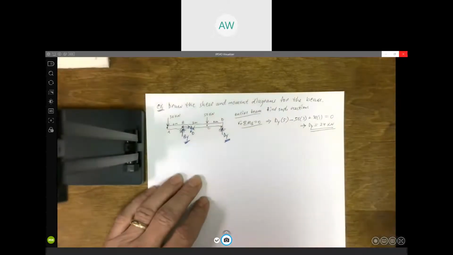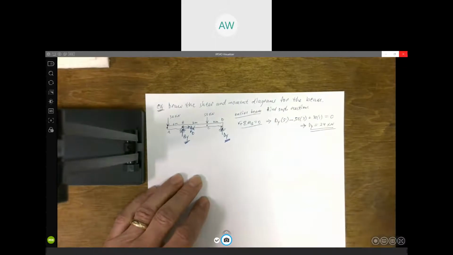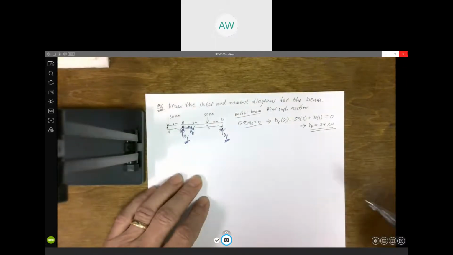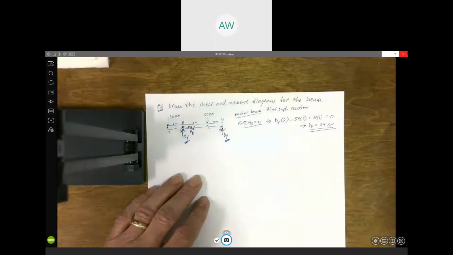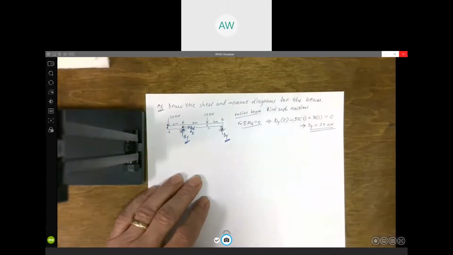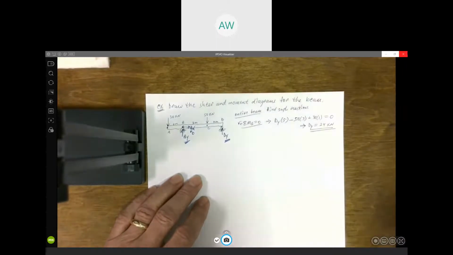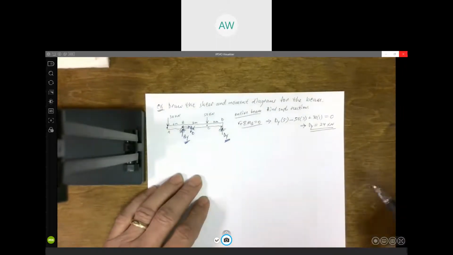Now, once we know what Dy is, we could sum the moments about D and get By, but when you have a choice, it's always better to just sum the forces than to sum the moments. If you sum the moments correctly, you're going to get the same thing, but there are more places to make mistakes summing moments than forces.